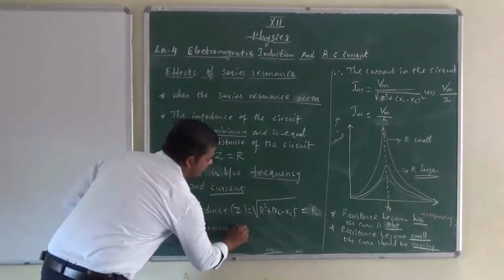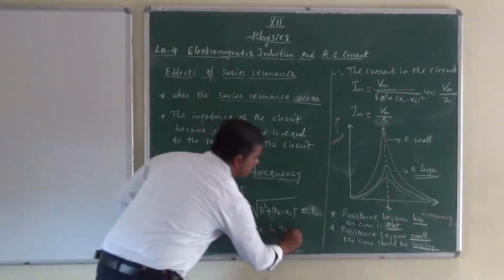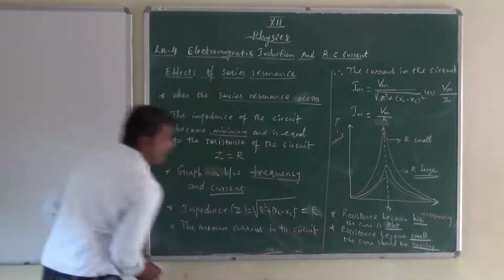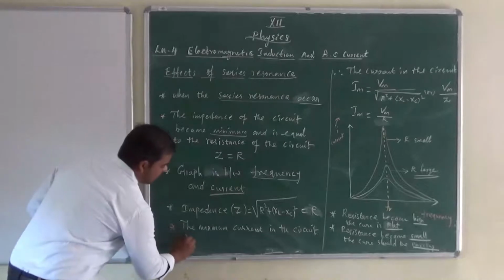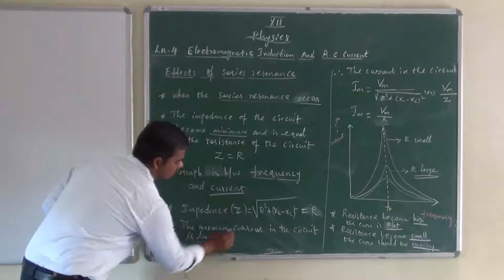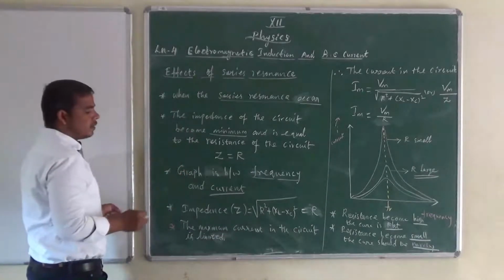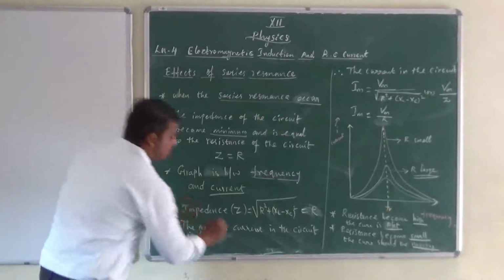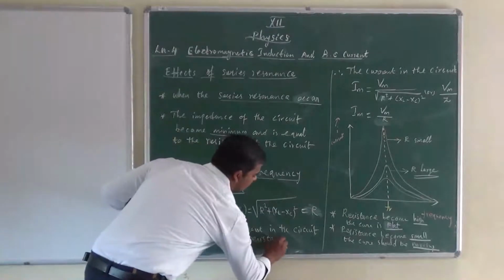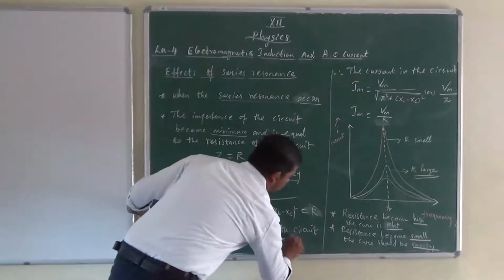The maximum current in the circuit is limited by the resistance of the circuit. I didn't write it earlier, so I write it now. Resistance, important one more question.